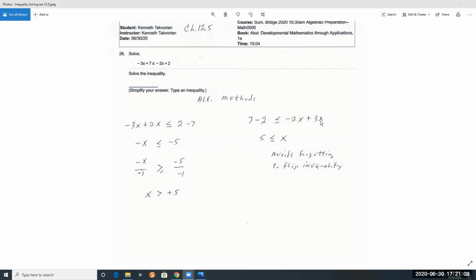Minus 2x plus 3x is the 1x. We don't have to worry about any negative coefficient. We've already solved for x. It says, reading right to left, that 5 is greater than or equal to x, which is equivalent to saying x is less than or equal to 5.